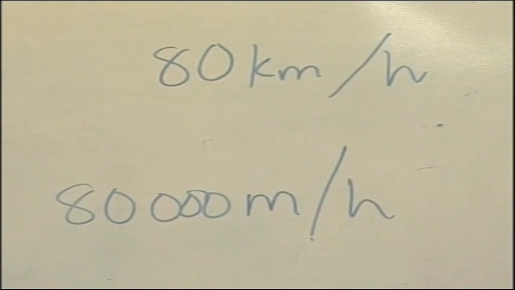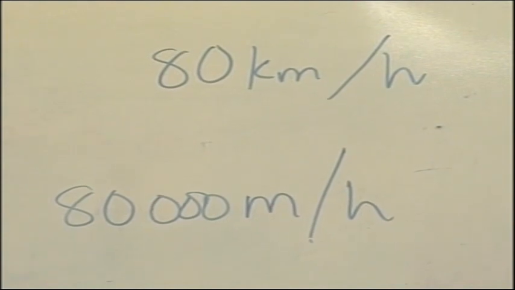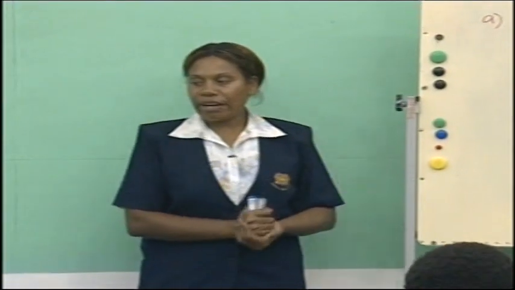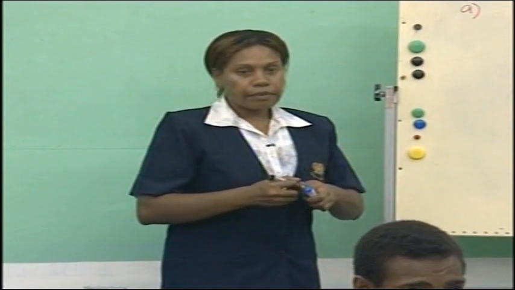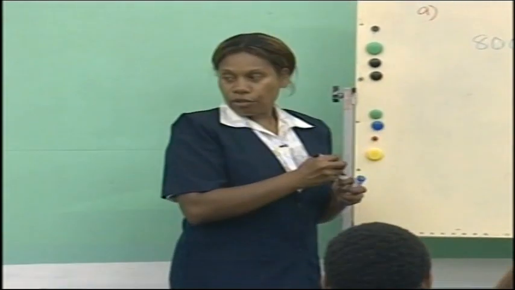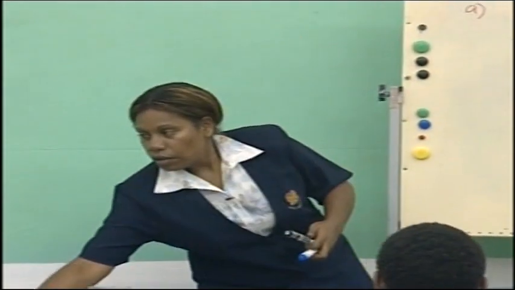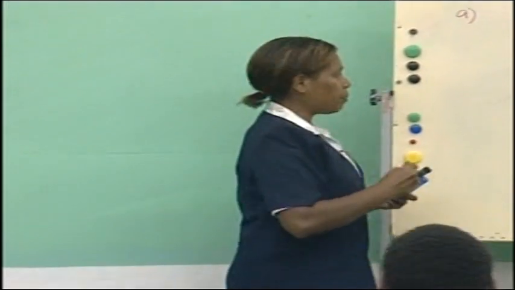Okay, let's look at the next one, B. Erica is paid 90 kina for 5 hours. What is her pay rate? Okay, 90 kina for 5 hours. What is her pay rate?